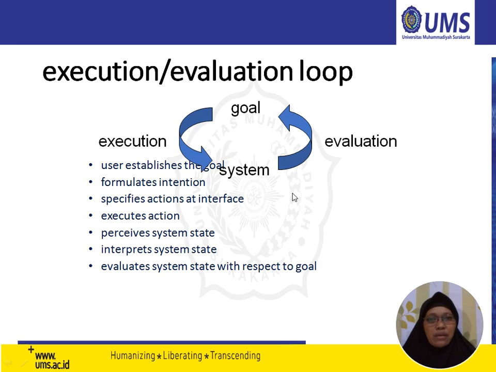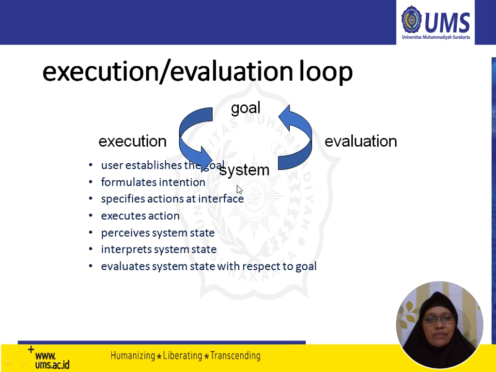Okay, these are the stages of the Donald Norman model: the goal, system, evaluation, and also execution. If we have the goal and make the system, we must execute our goal on the system.